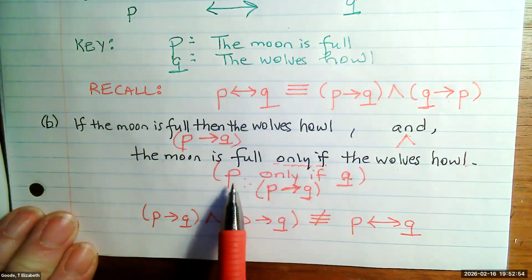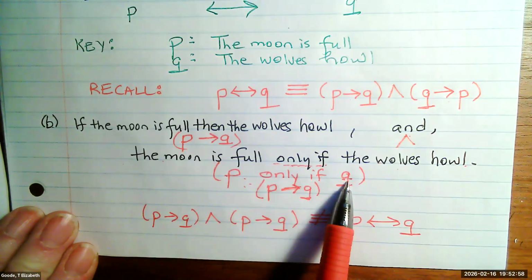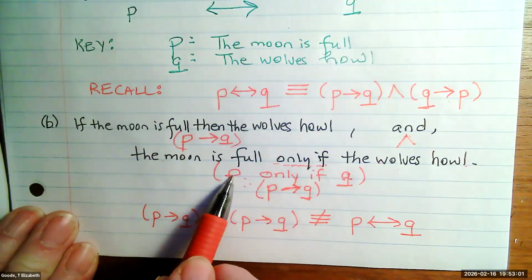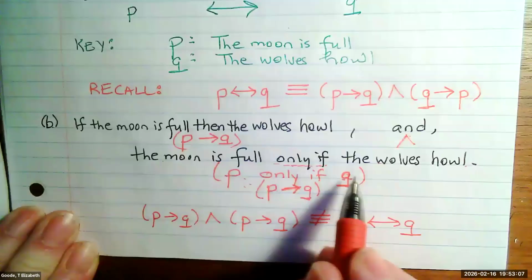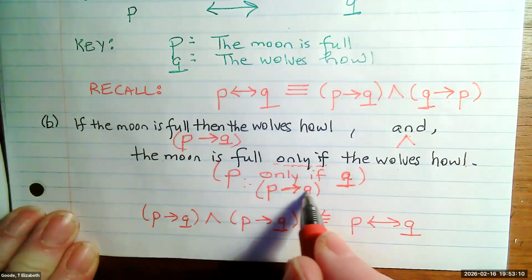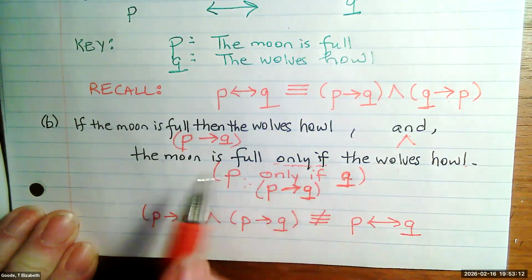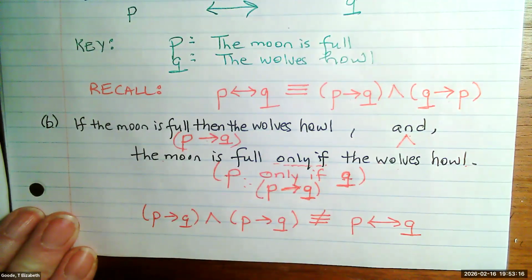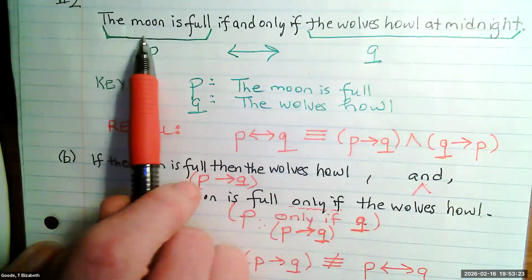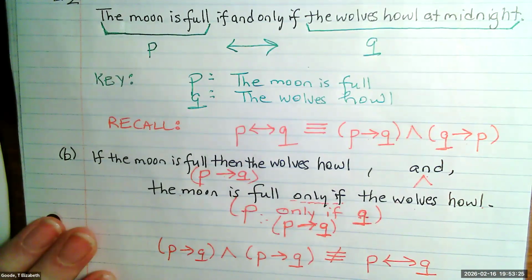Or you can just try and understand what P only if Q is saying. It's saying P can be true only if Q follows. That's why it's logically equivalent to if P then Q. So this B is not logically equivalent. So it would not be one of the statements that you would write down as logically equivalent to the given original. Okay?